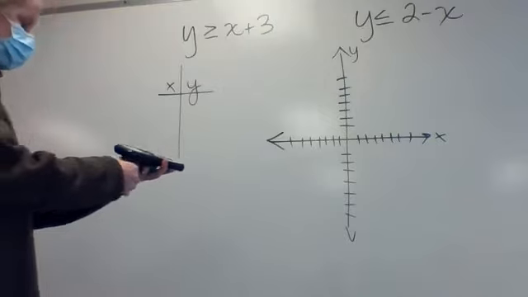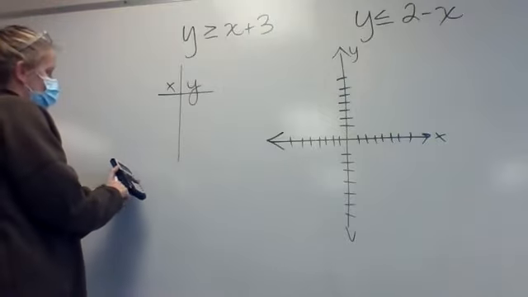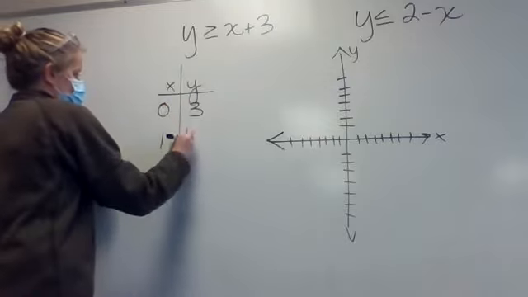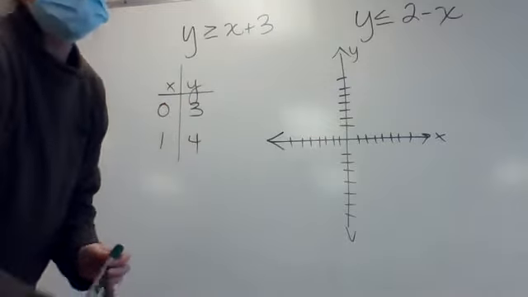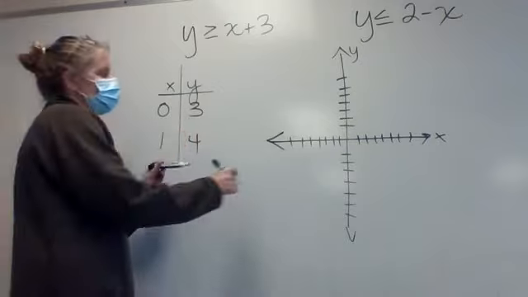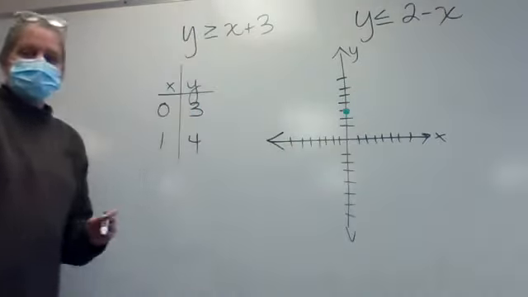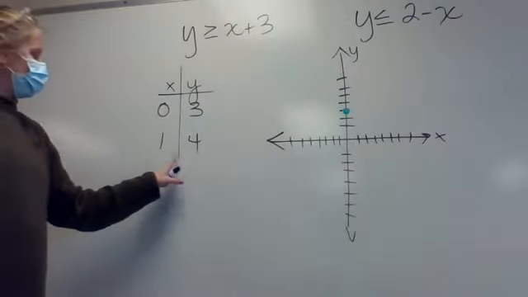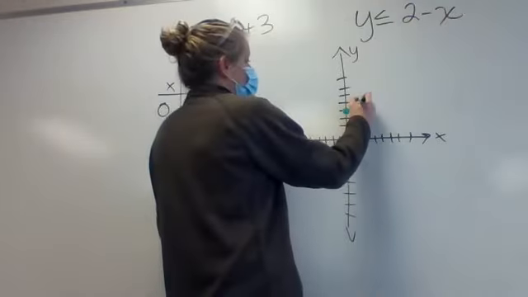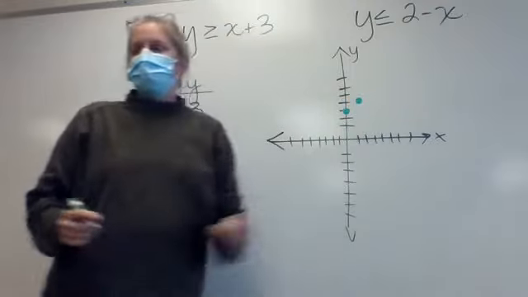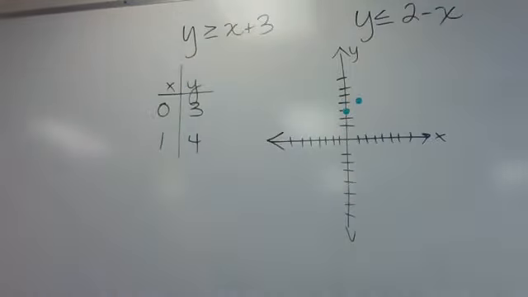So I'm going to do 0, 3, and 1, 4. And plot those. So 0, 3 is left to right 0, up 3. 1, 4 to the right 1, up 4. They both have equal to bars. So when I graph both of the lines, they're both going to be solid.